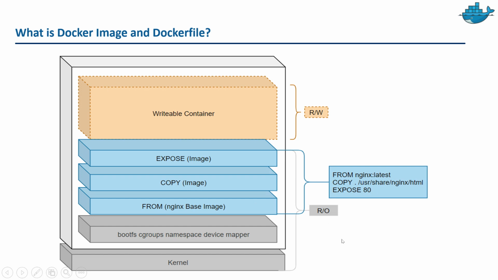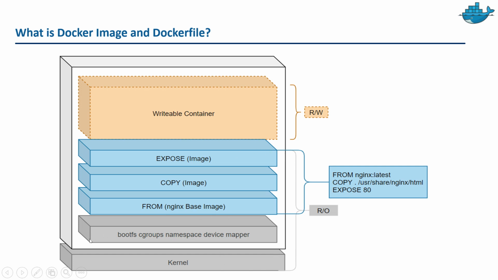Before that, we have to understand the kernel. The kernel is a part of the operating system, and on top of that we have bootfs, cgroups, namespaces, device mapper and many more, and all of them are read only. From the kernel up to EXPOSE, everything is read only.